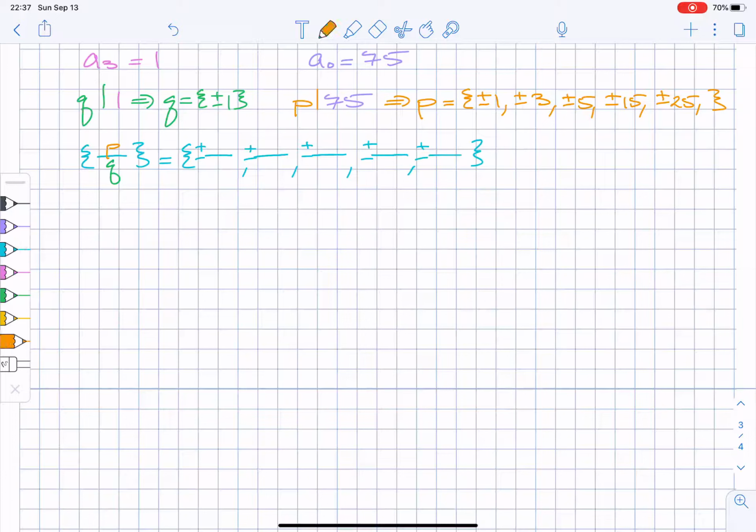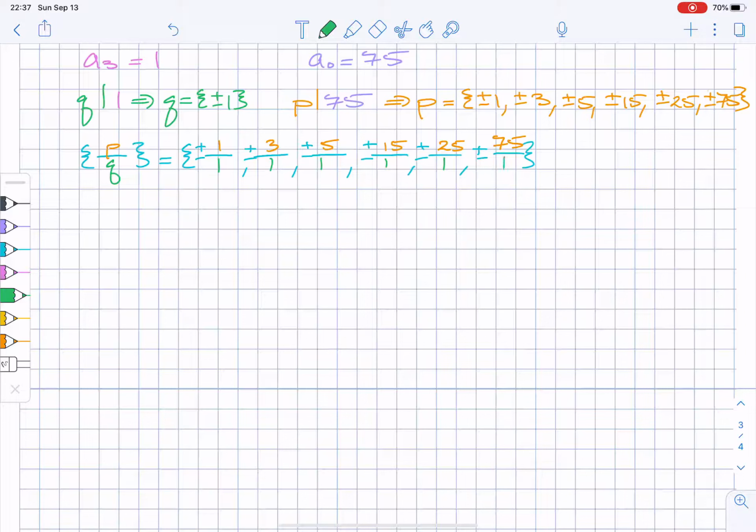So this is going to be 1, 3, 5, 15, 25, and I forgot the 75, didn't I? Plus or minus 75. I erased it and then completely forgot it. Plus or minus 75, all divided by q, which is just plus or minus 1.